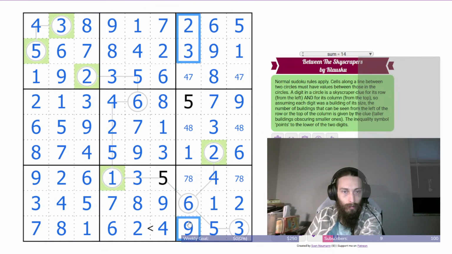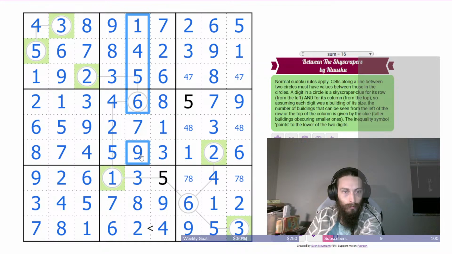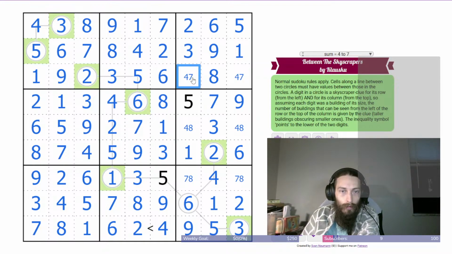Well, let's see, if it's 4, it would be 2, 3, 4, 5, 8, 9, which would be 6. If it was the 7, it would be 2, 3, 7, 8, 9, which is only 5. So it has to be a 4.